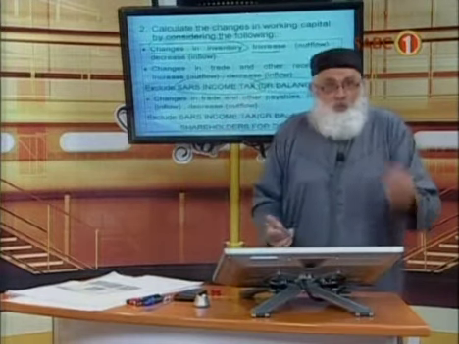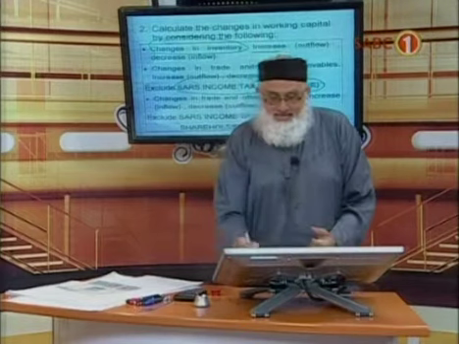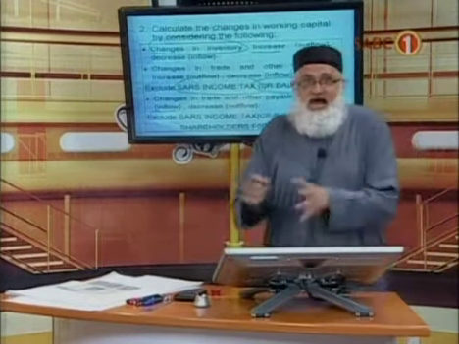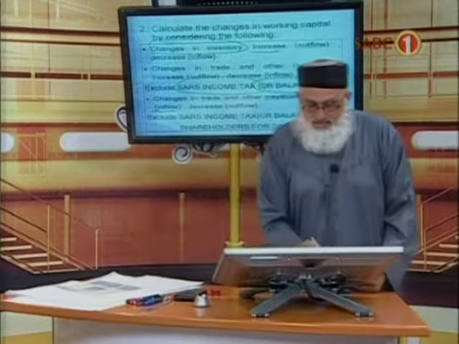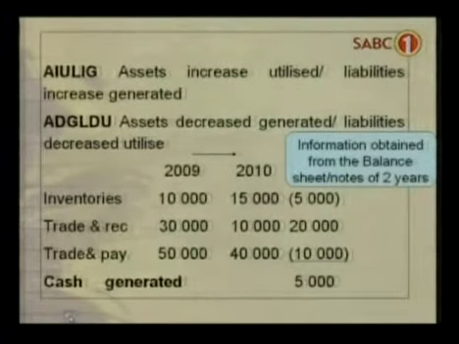So when you're looking at your trade and other payables, remember, an increase here is an inflow of funds and a decrease is an outflow of funds. What are my exclusions? I exclude my SARS income tax and I exclude my shareholders for dividends. Clear?